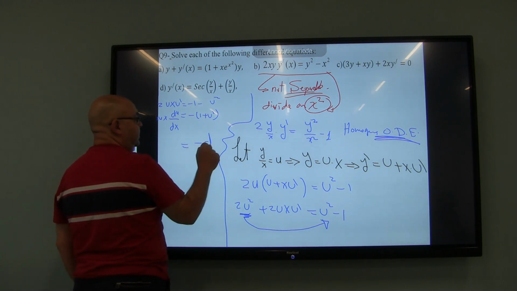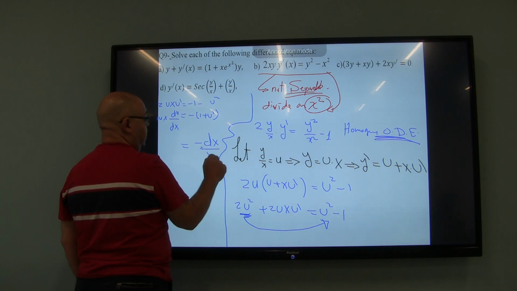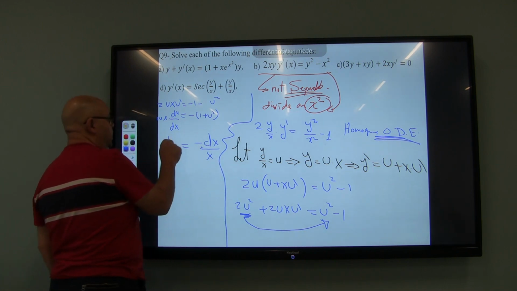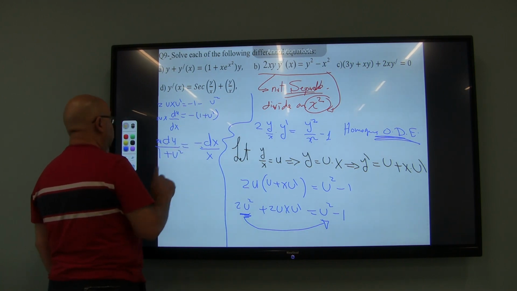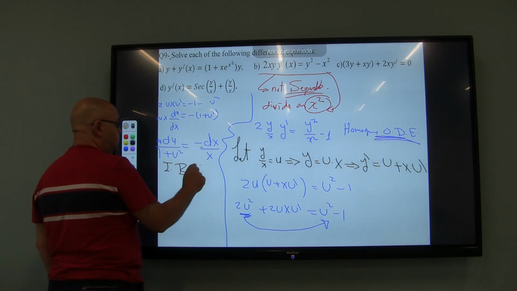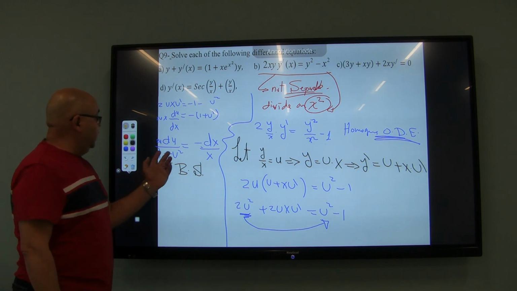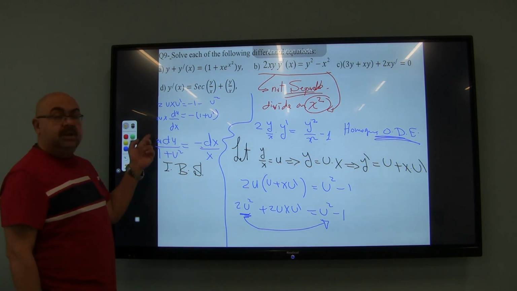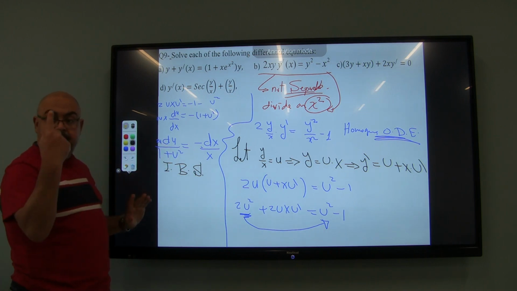So I will have negative dx by x, this is going to be du 2u divided by 1 plus u squared. Now I can integrate both sides separately, because the derivative of the denominator already exists on the numerator.